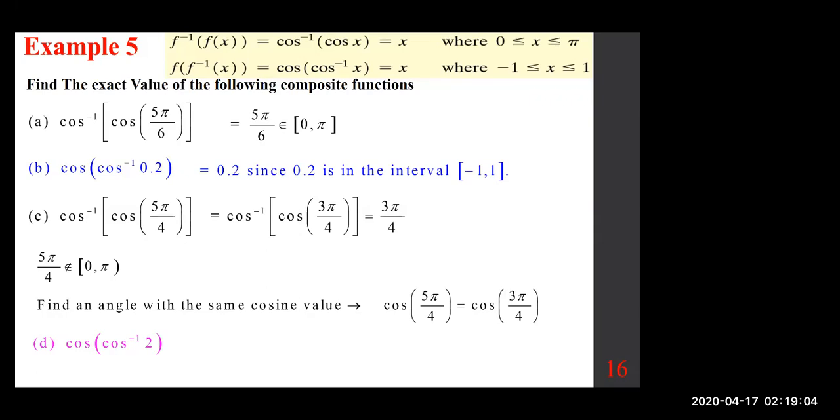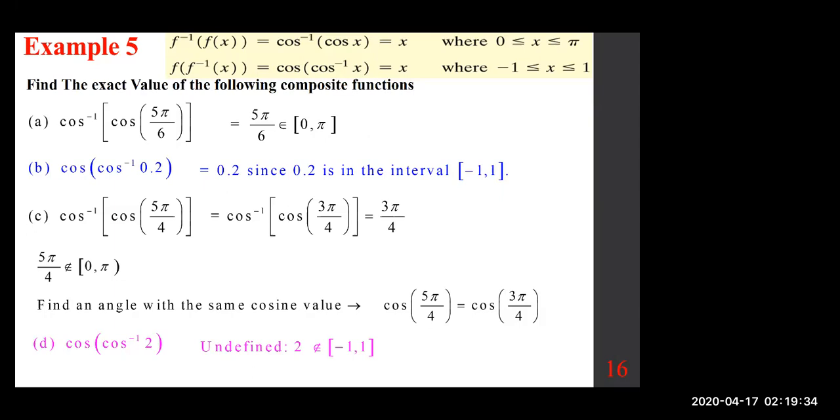So what is the difference between C and D, and what is the answer to part D? Can anybody tell us? What happens as far as part D is concerned? Anyone? Is there not a 2 cosine? So it's undefined. Very good. You're done. 2 is out, because you're looking at cosine inverse, class.